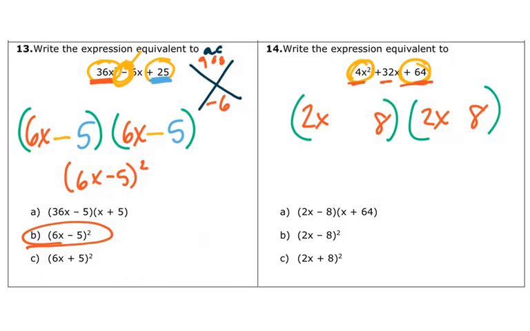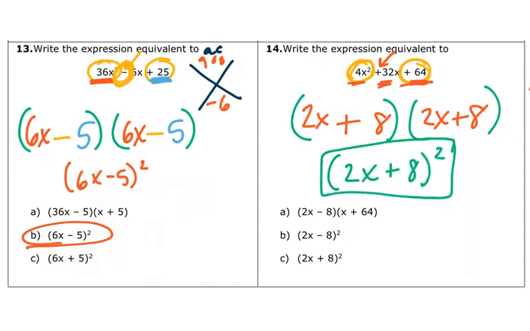If these are perfect square trinomials, you take the first sign that you see. The reason why, positive 8 times positive 8 makes a positive 64. We have a 2x plus 8, and there are 2 of them. So we put square, which just means that there were 2 of them. So figure out which answer choice that is.